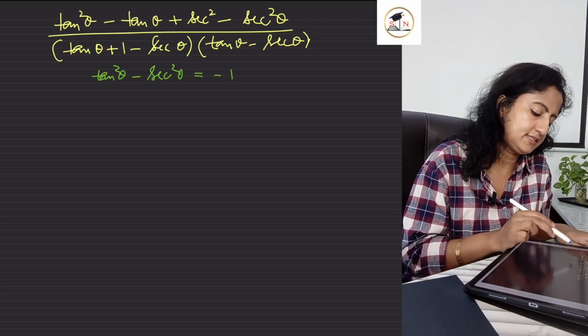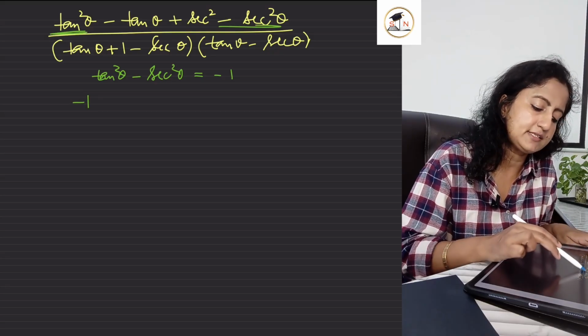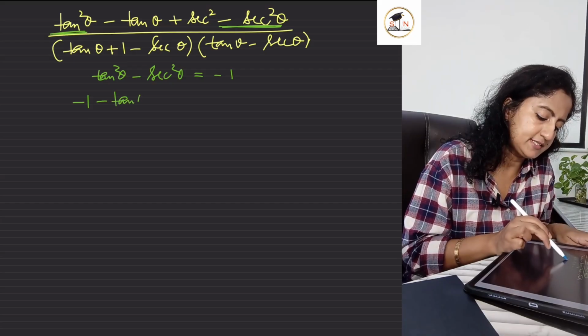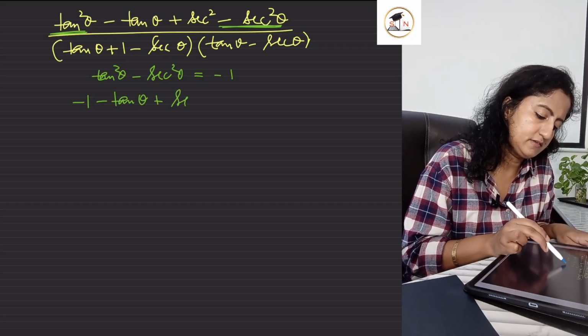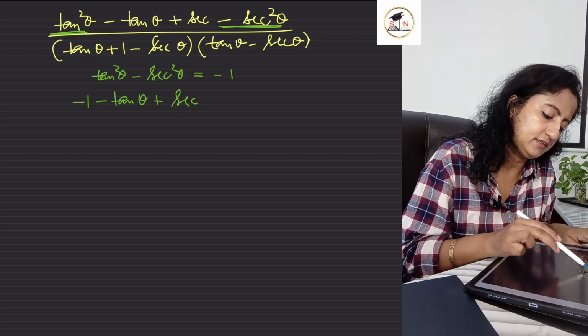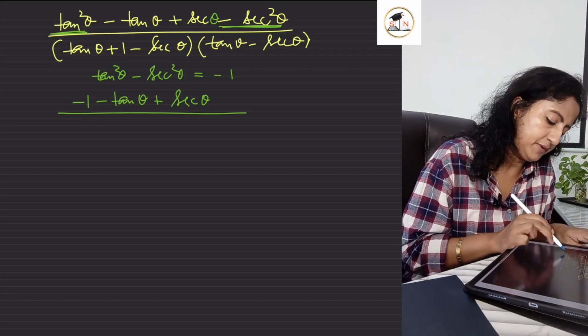So using this, I have minus 1 in place of tan square minus sec square. Okay. And the remaining 2 terms as it is. Oh, it was not sec square, but it was sec theta. Okay. The brackets still remain as they are.